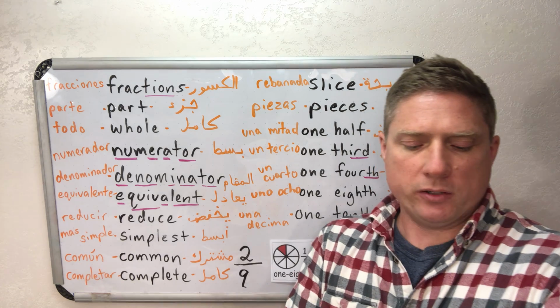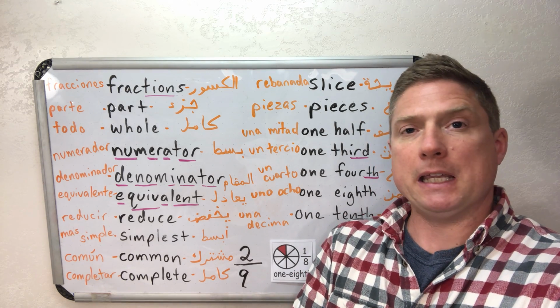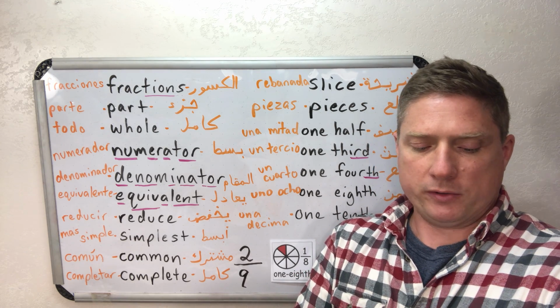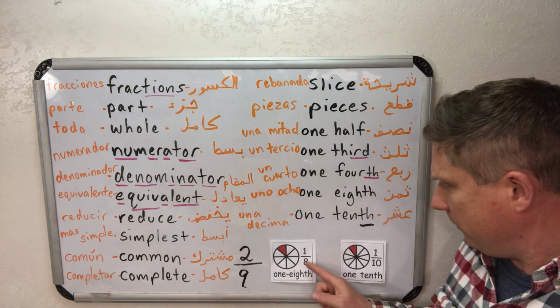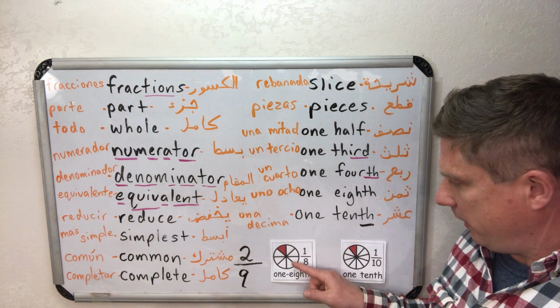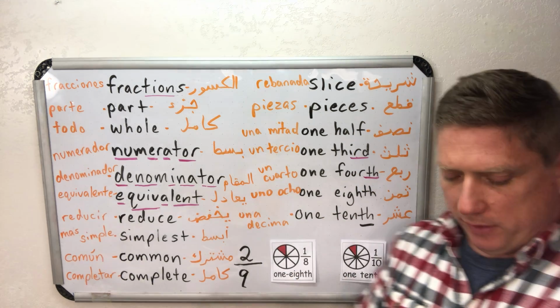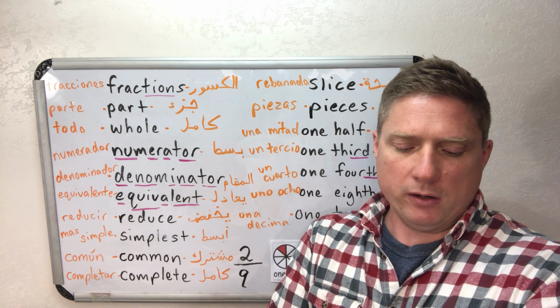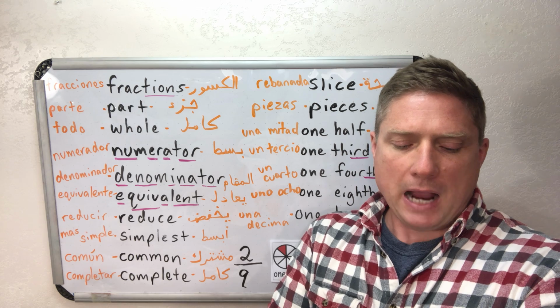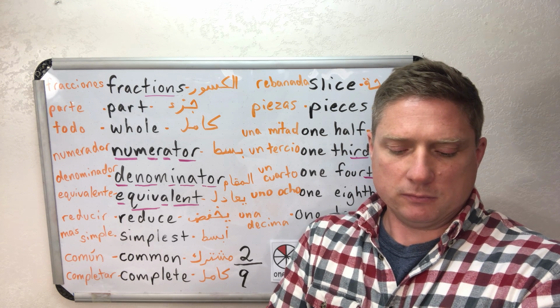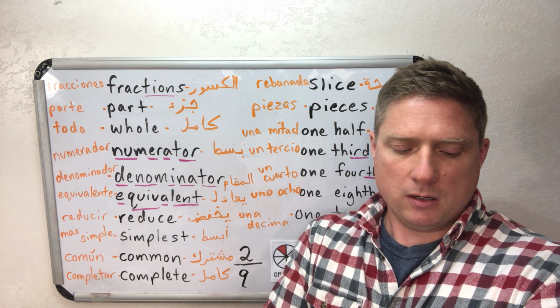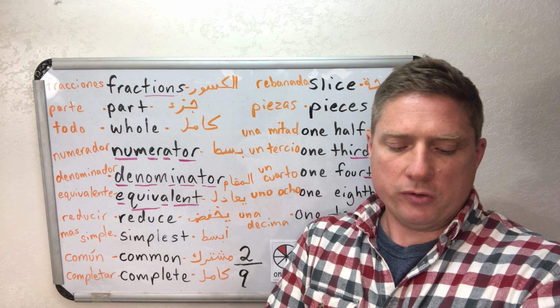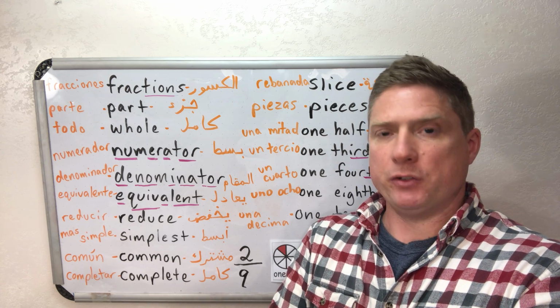The numerator tells how many equal parts. How many equal parts? Numerator. But we just have 1. 4. The numerator is the top number. 5. The denominator is the bottom number.